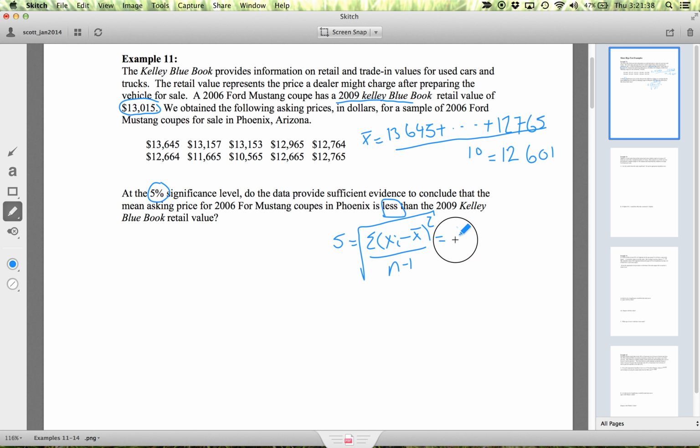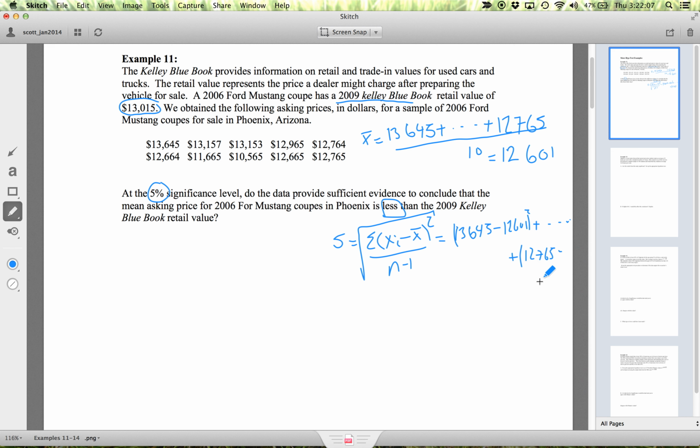So basically we would take the first value, which is 13,645, subtract the average, which is 12,601, find the difference and square it. And we'd want to do that with every one of these values all the way up to this last value here, 12,765.